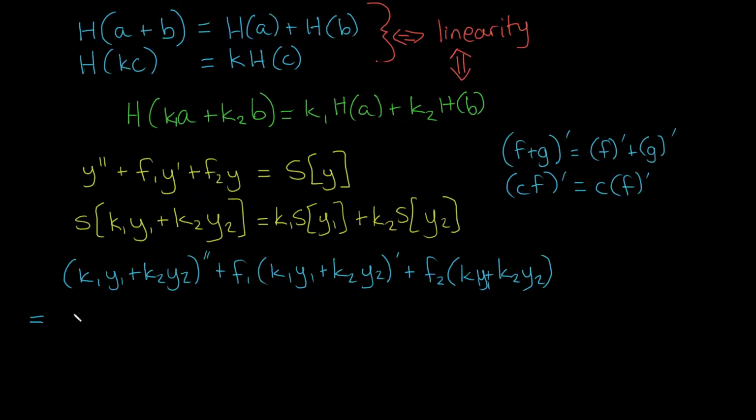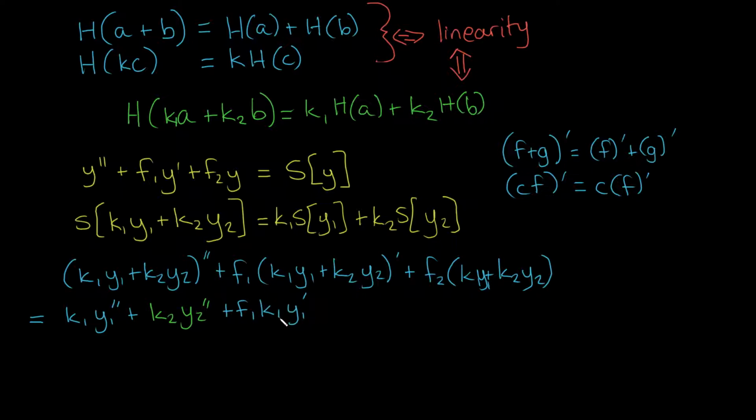We can split it apart as k1 times the second derivative of y1 plus k2 times the second derivative of y2. And I'm actually going to start color coding things so that we see what's going to happen. Plus k2 times y2 double prime. And now we're going to say plus f1 k1 y1 prime.